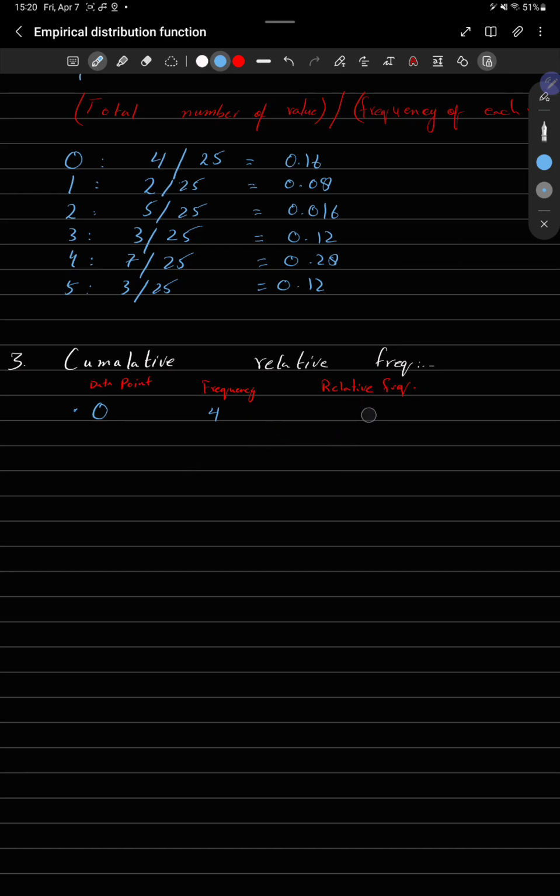Let's solve it in another way. To find our cumulative frequency, we say okay, 0 we have 4 times, we divide by 25, we will get 0.16. And the cumulative frequency will be the same for our first value. Next we will do like this.